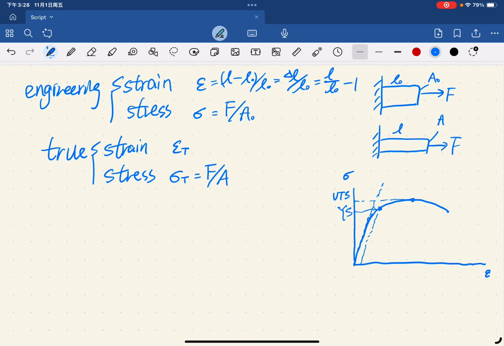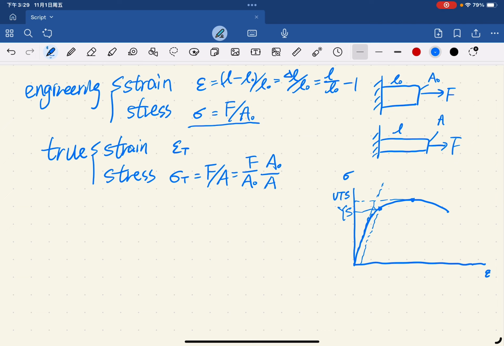In the engineering stress, we just ignore the area change, like we just divide by the original cross-section area. For the true stress, we take the area into consideration. So it further equals to this, like A0 divided by what is it? We derive this using the control volume.